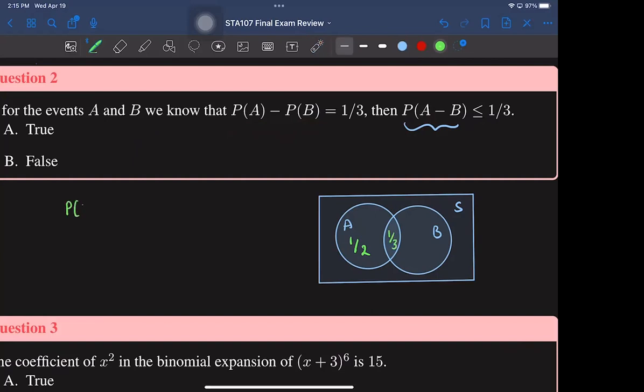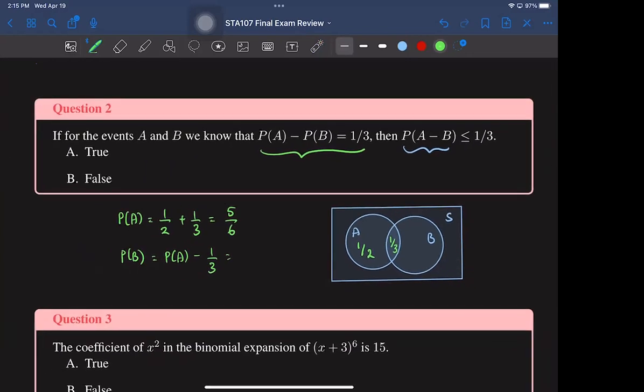Then probability of A would be 1 over 2 plus 1 over 3, which is 5 over 6. And I want probability of B to be probability of A minus 1 over 3, because I want this part to be true. I want that probability of A minus probability of B equal to 1 over 3, but I want this to be false.